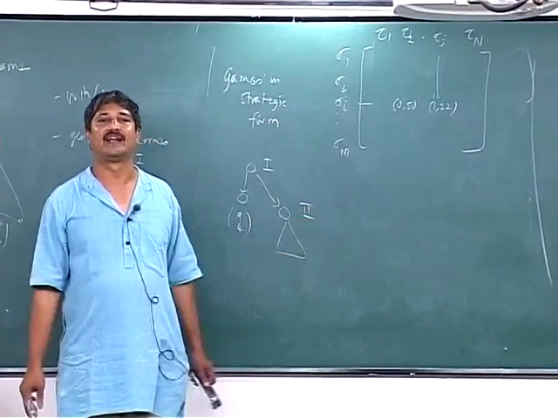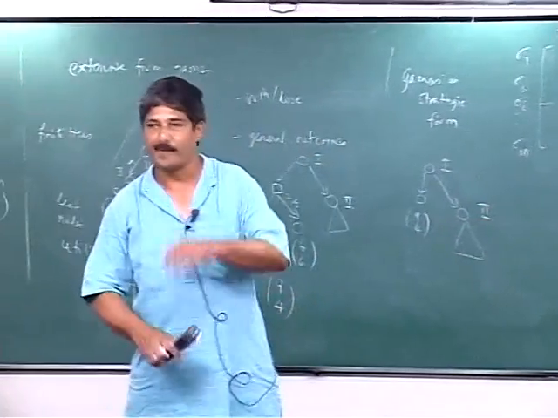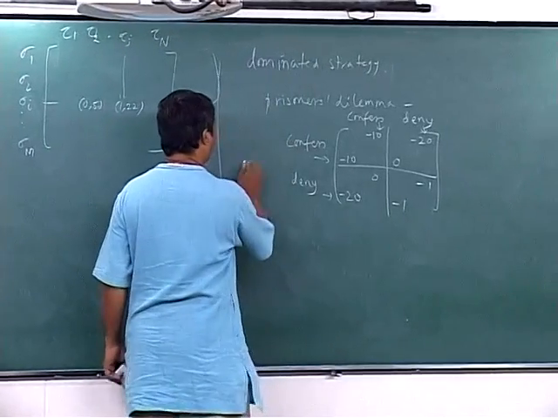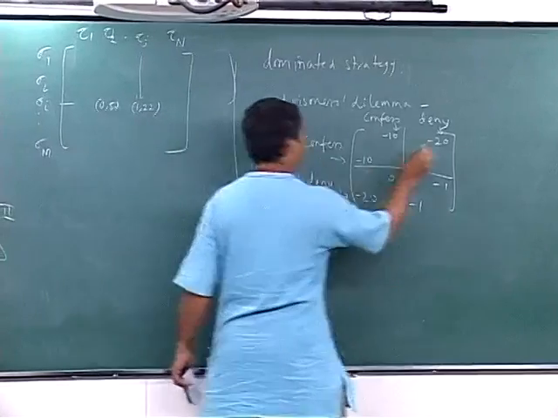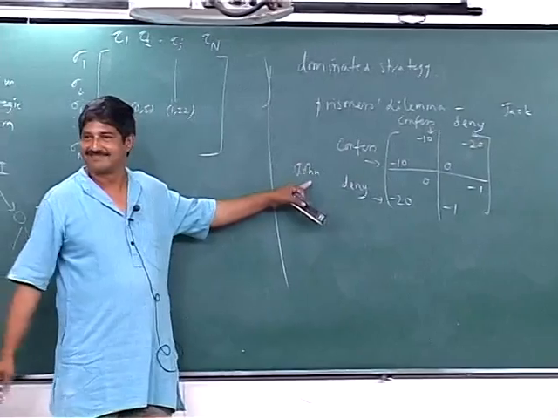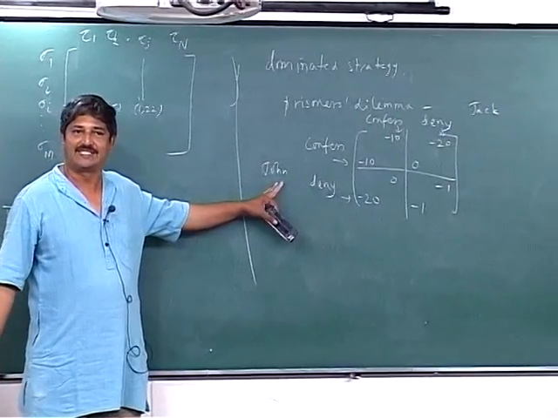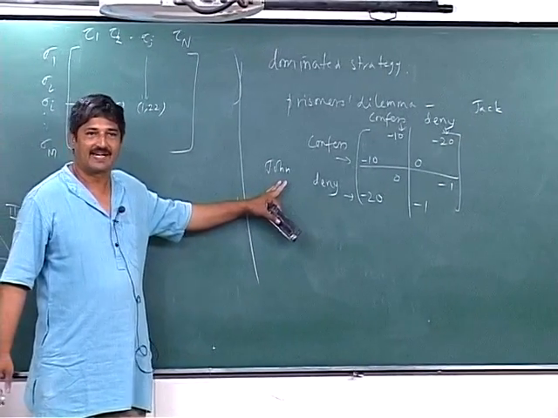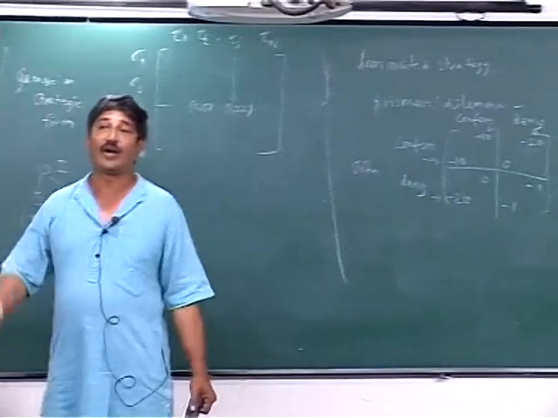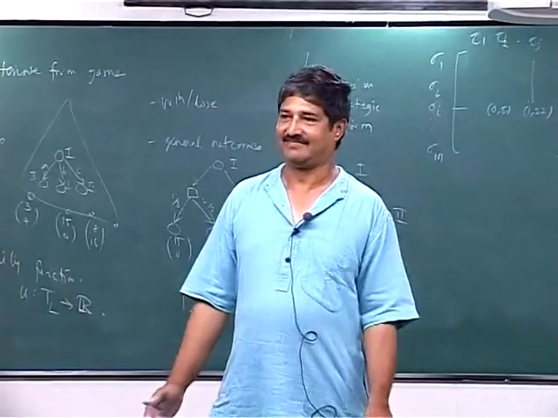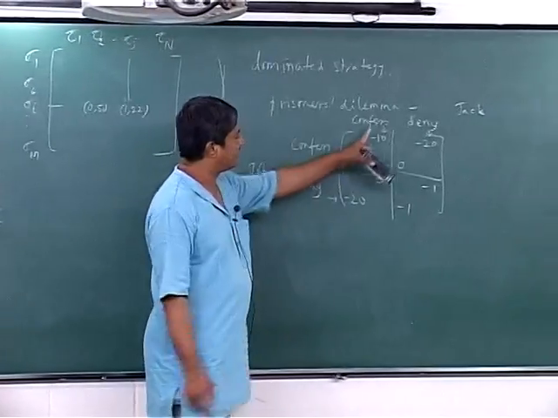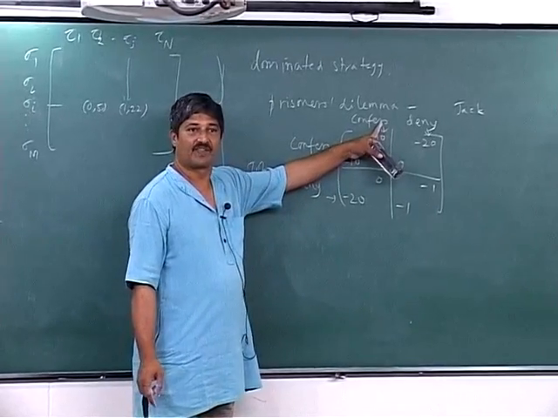Now how should they act? I think they're usually called John and Jack or something like that. So how does John reason? John reasons that, I have no idea what Jack is doing at this point. Maybe Jack is confessing. If he confesses, what should I do?